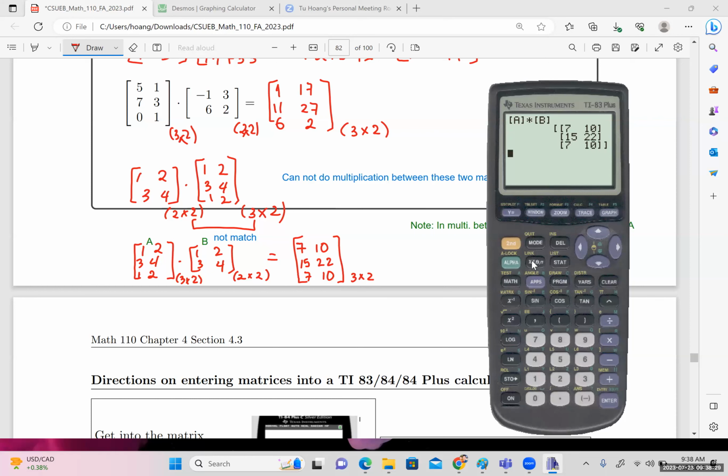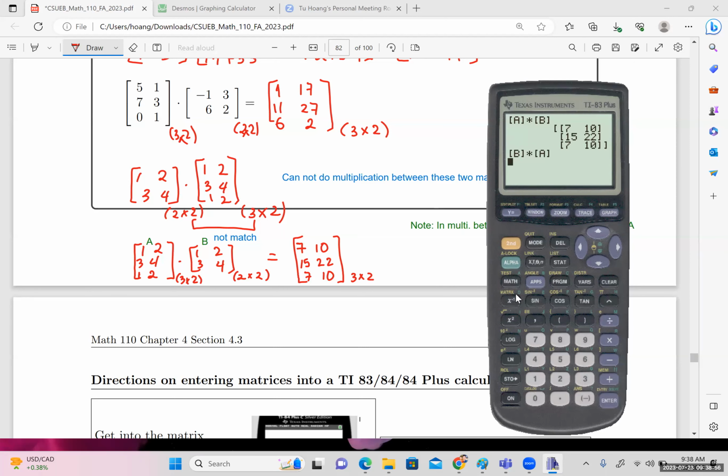Let's check it out. Second matrix, I do B times A. See that? It's a dimension mismatch, so that doesn't work. Good.